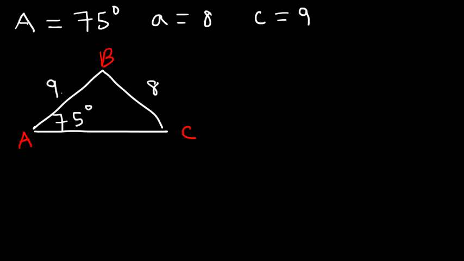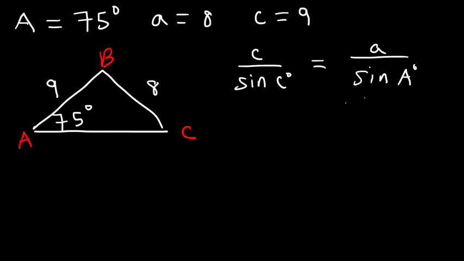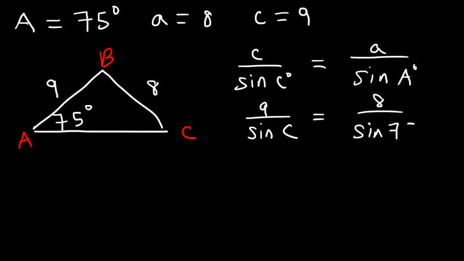So let's start by finding angle C. Let's use this formula: side C over sine of angle C is equal to side A over sine of angle A. C is 9, A is 8, and angle A is 75.